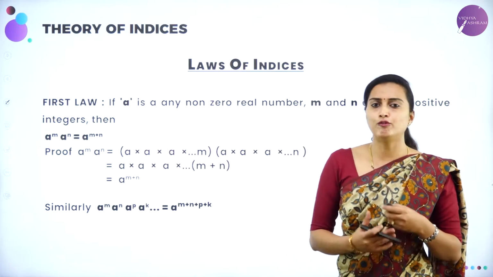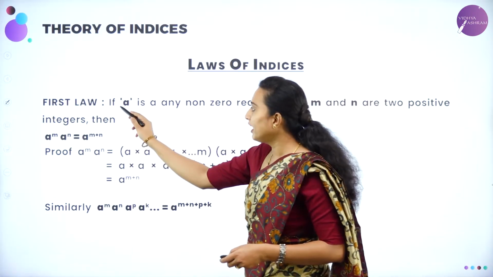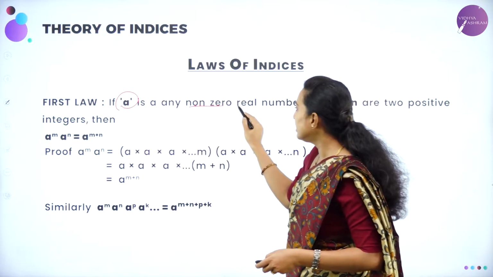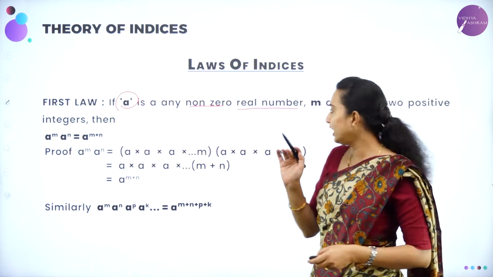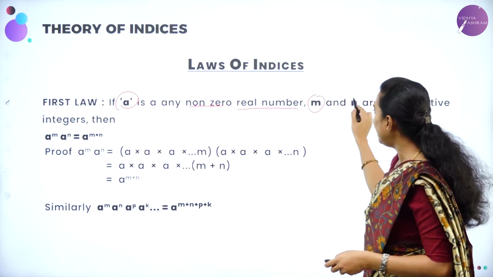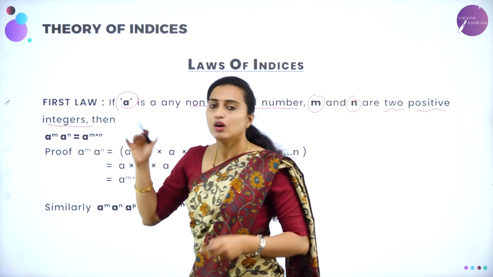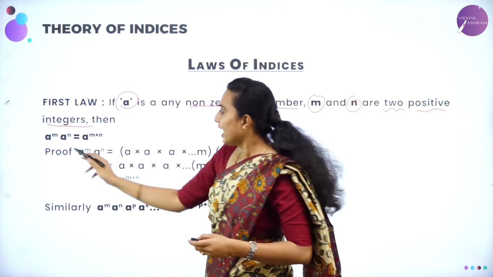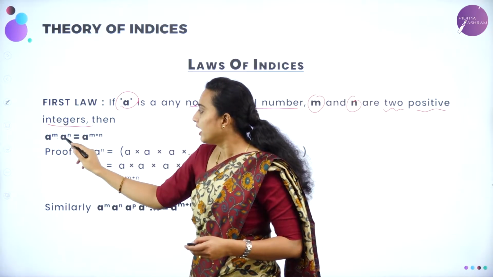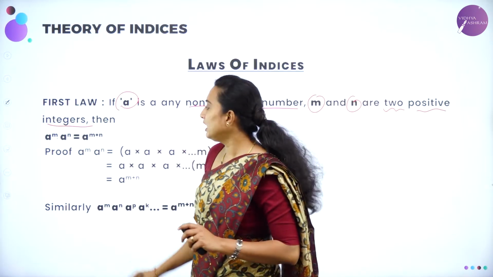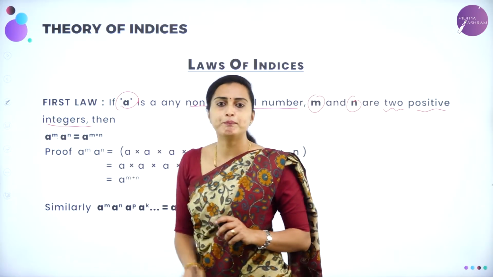The first law. What the first law says is, if a is any non-zero real number and m and n are two positive integers, we are going to write a power m dot a power n as a power m plus n.